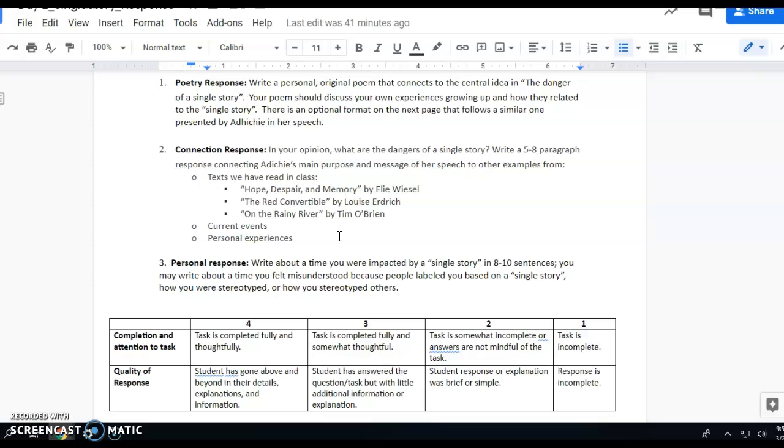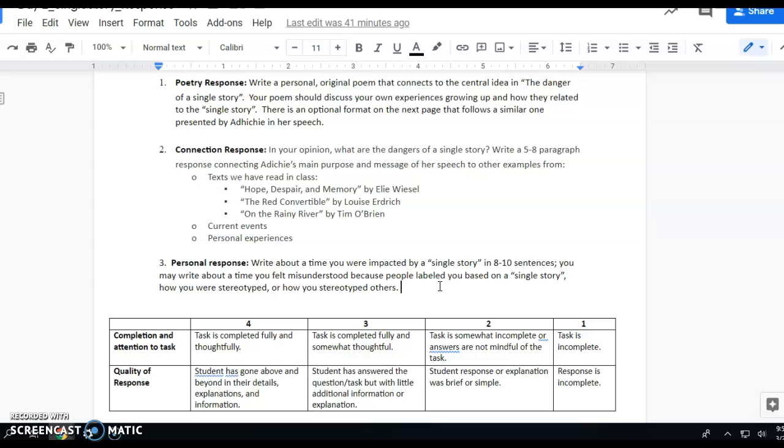So that's kind of more of a reflection on the speech itself and then making connections, whereas option 3 is a personal response. So you can write about a time you were impacted by a single story in 8 to 10 sentences. This one's a little bit longer than the connection response because it's personal. It shouldn't be as hard to come up with the details or examples.